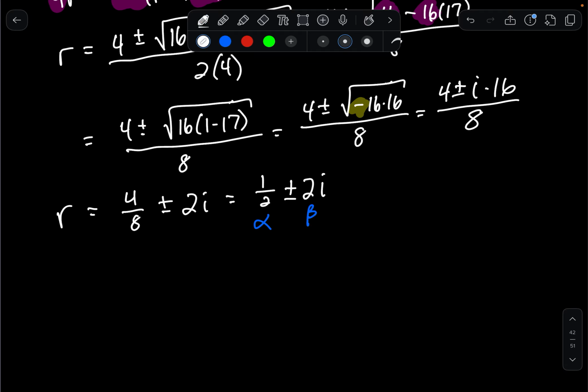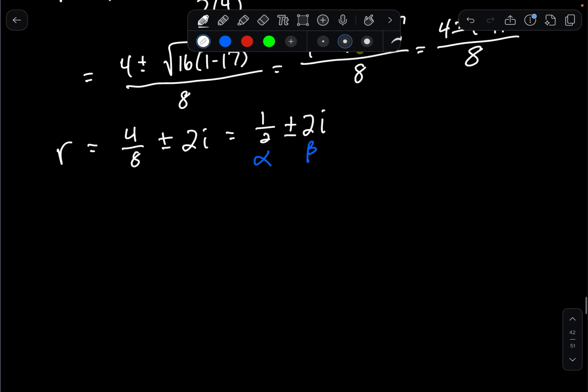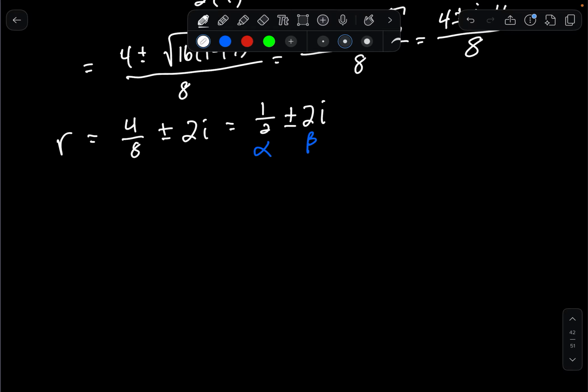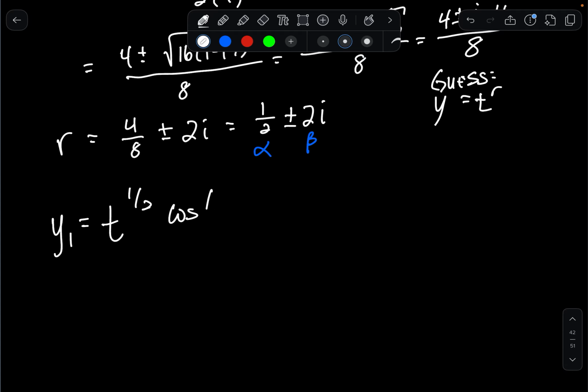In the complex conjugate case, when you're dealing with Cauchy-Euler, the two solutions are, remember, not e to the rt. I'll remind you, our guess was t to the r. So you take t to the alpha power times the cosine of beta natural log of t.